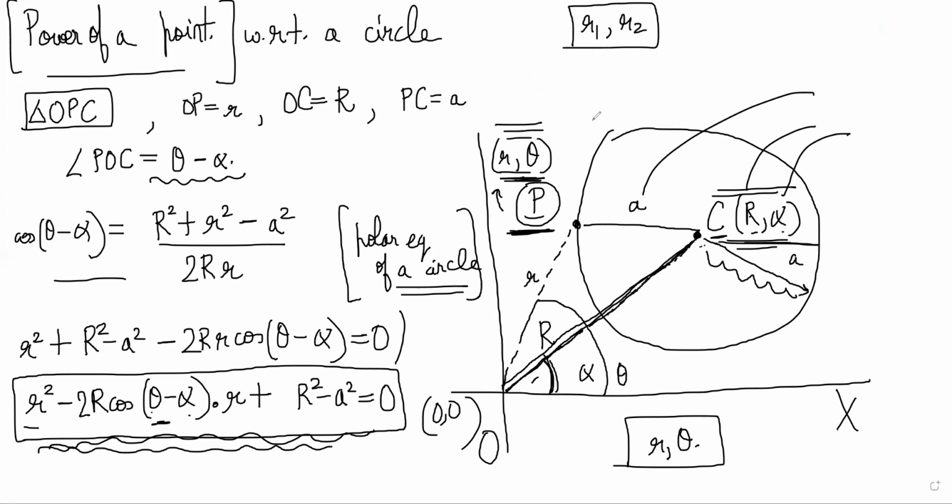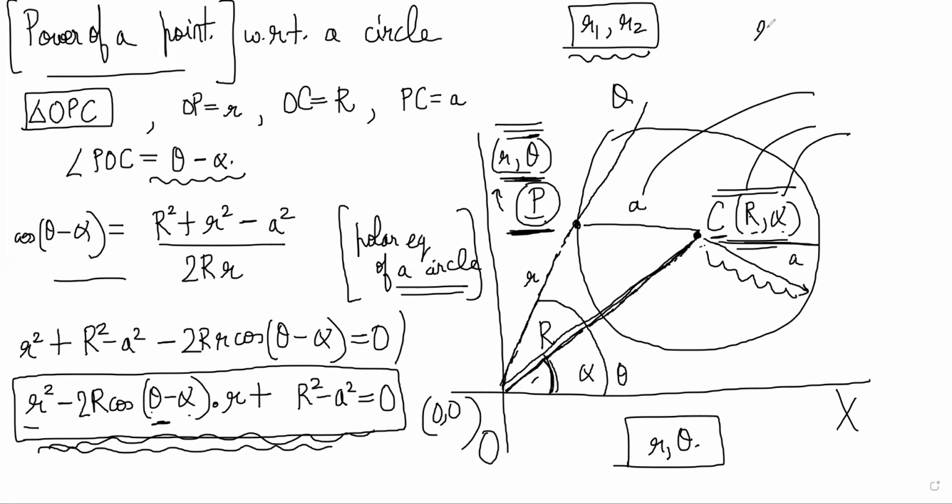What does it mean to have two roots for small r? What you need to understand here is that this line could intersect the circle at 2 points, so you'll get 1 point P and 1 point Q. Two roots means 2 points will satisfy the circle equation while having the same theta.